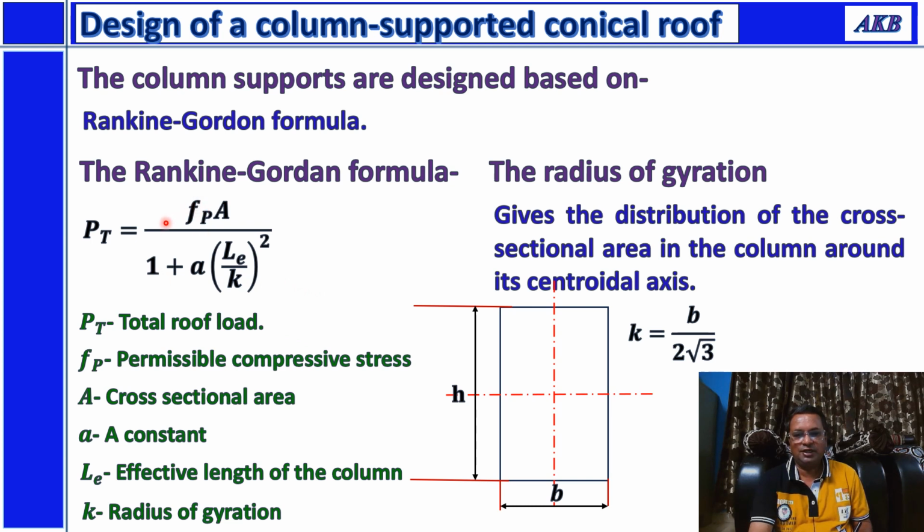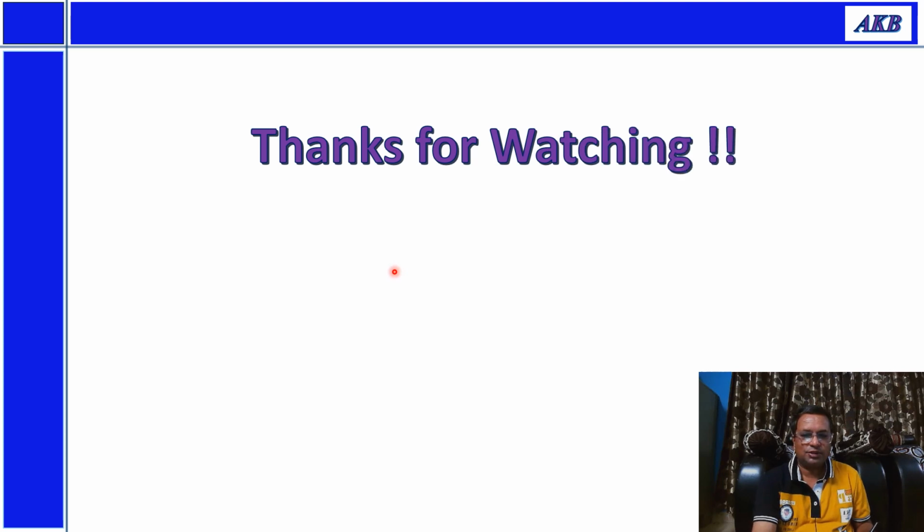The main formula for designing column supported conical roofs is this one. You have to use it to design column supports. Okay, that is the end of my discussion on column supported conical roofs. It was a brief summary of the design procedure used for designing column supported conical roofs.